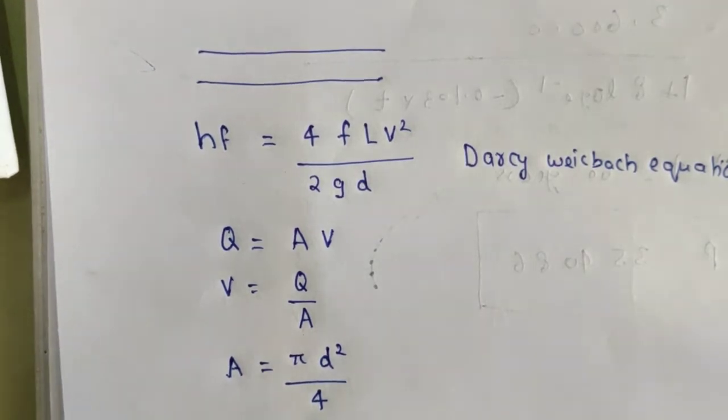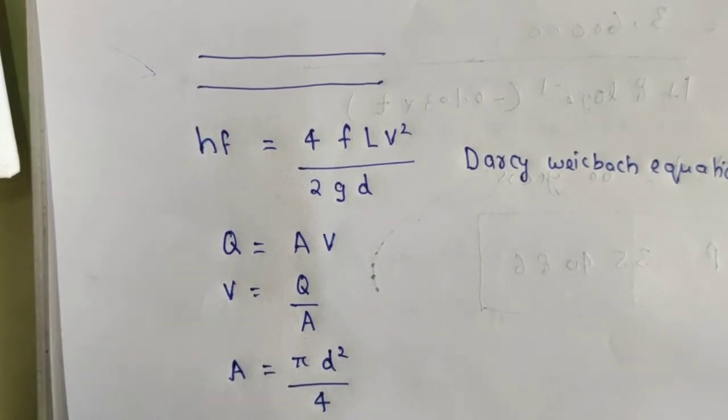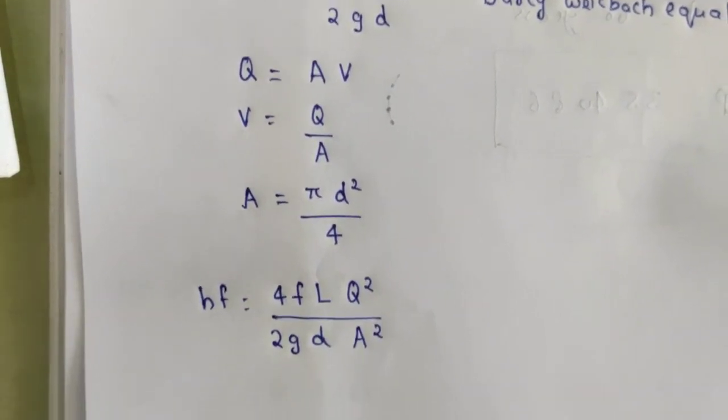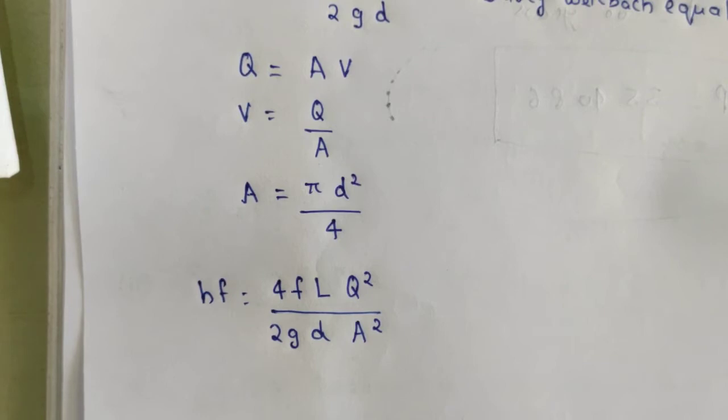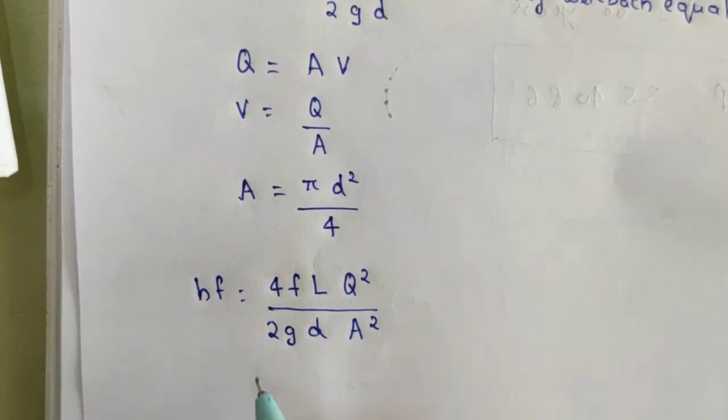So by substituting, we can write hf is equal to 4f, L is what we have, V is equal to Q upon A, so we can write V square is equal to Q square upon A square, right? And also we have 2gD, right? So you have this equation. Now in this equation you can further write the value of A as pi d square by 4.